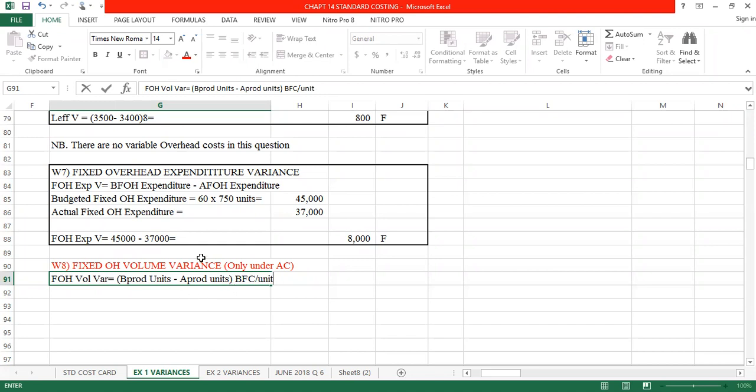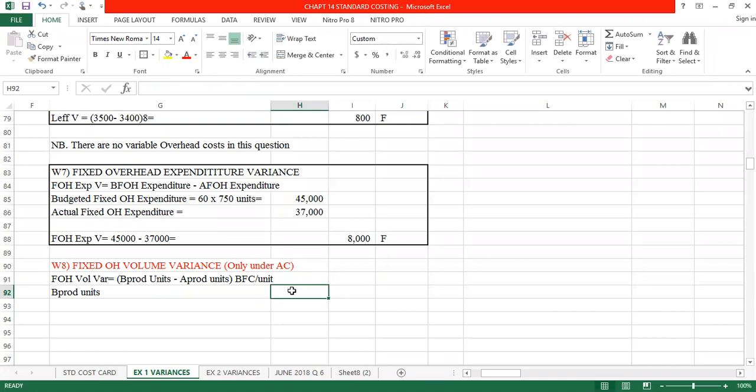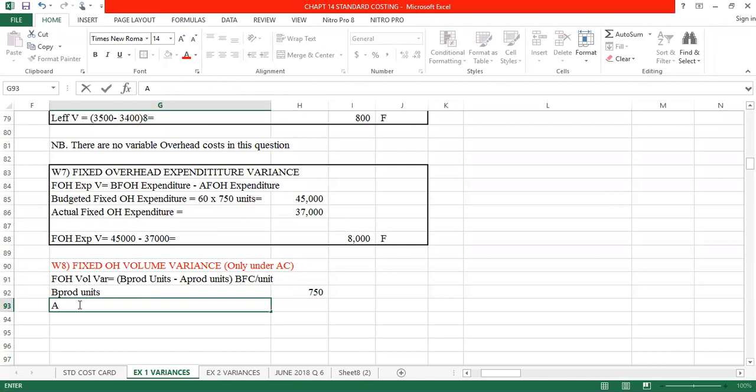So what do we get there? First of all, what are the budgeted production units? Budgeted production units, I remember, was 750.